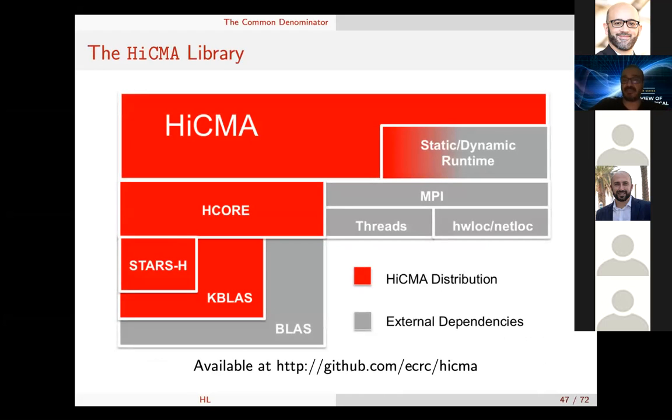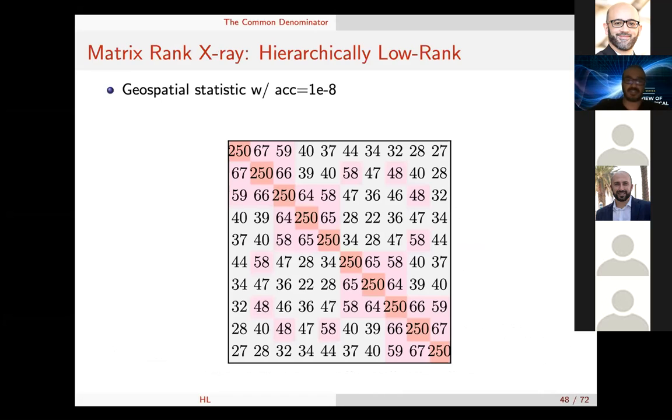This is where HiCMA comes in as a sort of renaissance in dense linear algebra, trying to take this step further, where now I team up with domain scientists and look at their matrix and do much more than just brute force dense computation. And this is an example for spatial statistics that is used for climate and weather forecasting.